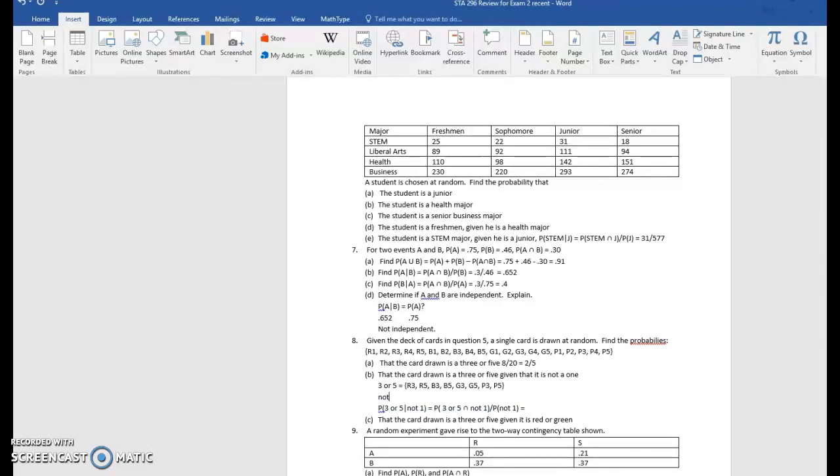And then if we list the event not 1, well, that's everything that's not a 1. So red 2, 3, 4, and 5, and green 2 through 5, and blue 2 through 5, and then purple 2 through 5.